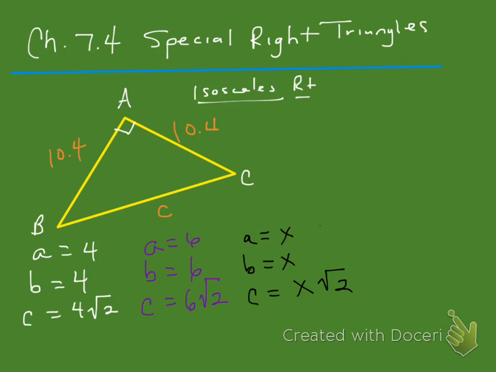You should easily be able to say, if this is 10.4 and this is 10.4, C must be 10.4 times the square root of 2. And obviously that's a weird number, but that's part of the trick, right?